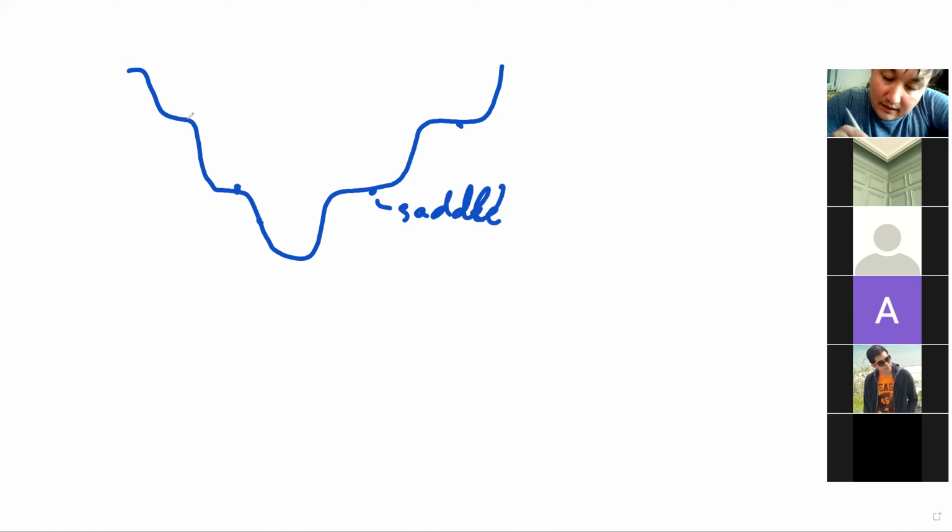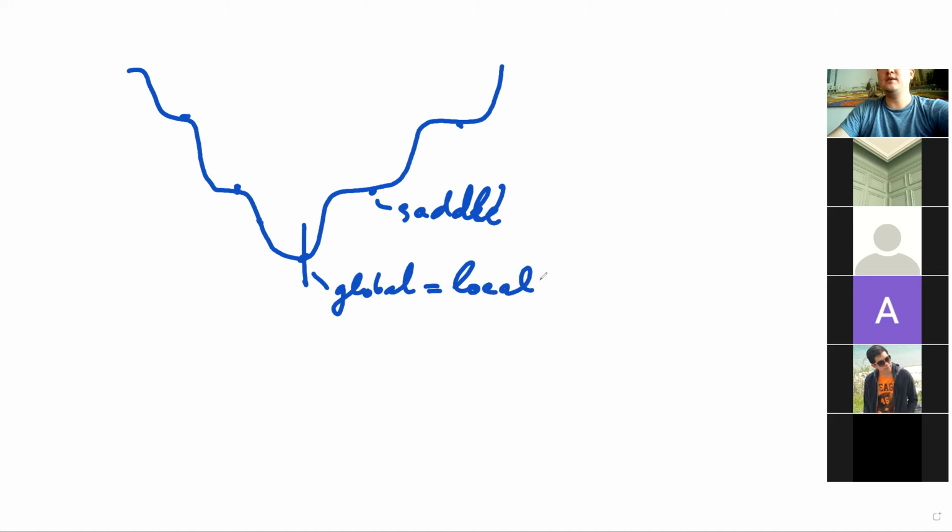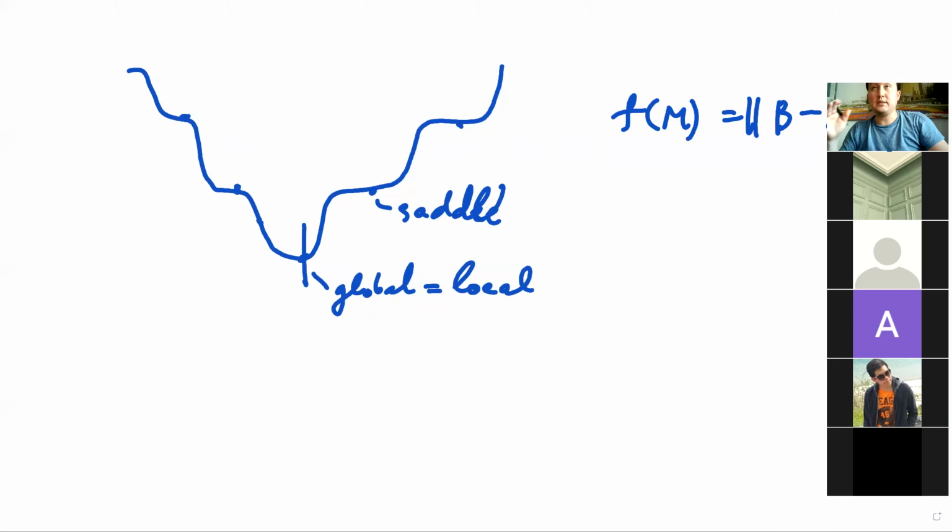All of them are saddle, and there is only one global minimum, which is of course the only local minimum. This is a nice situation, and this is true for this function, b minus a x y in the Frobenius norm. But only for this. In general, unfortunately, this is not a nice situation. So for this case the alternating algorithm works.